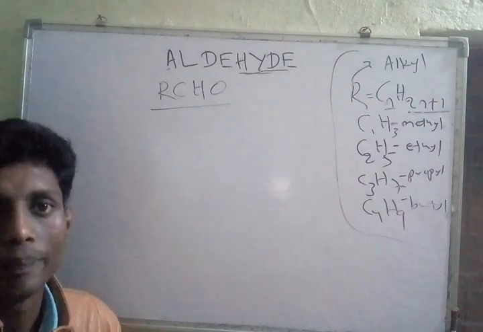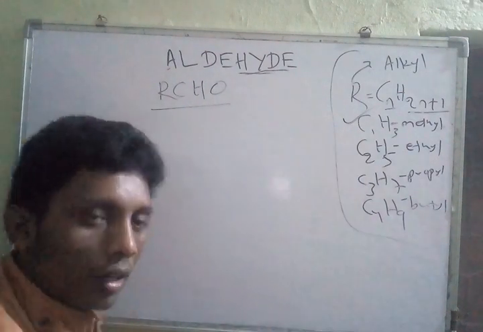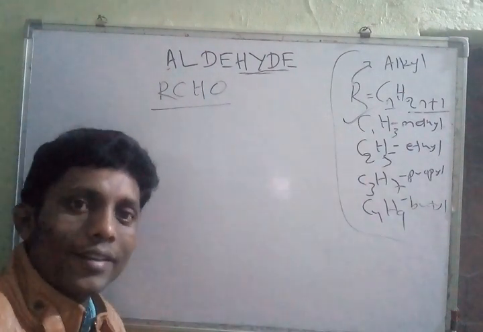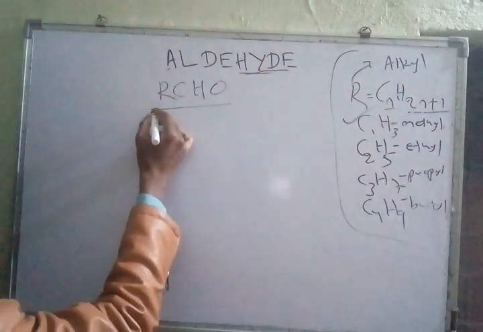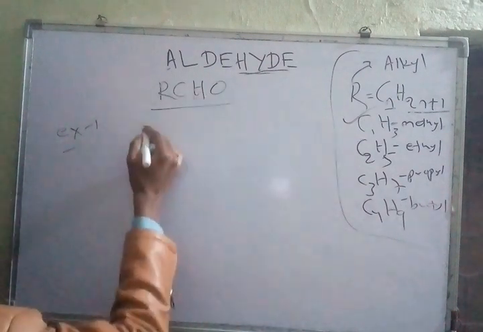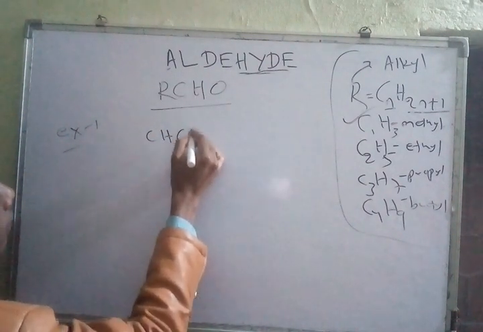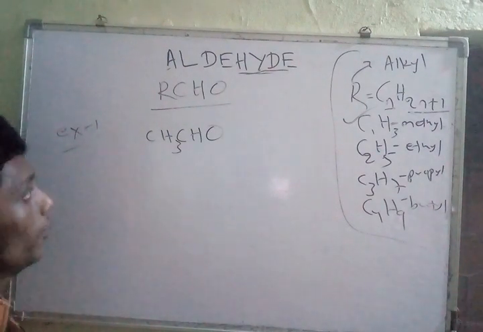From all these alkyl groups, you have to use any one. Let us use the first one, methyl, that is CH3. So let's take example 1. If we put CH3 in place of R, it would be CH3CHO. Then name it.